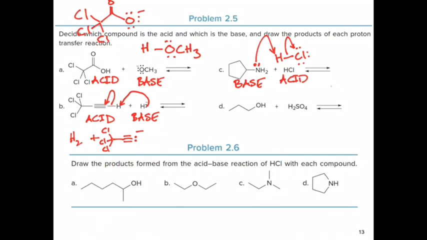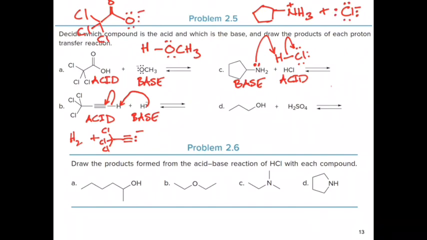All right, so what you have is this product right here. Now with 3 hydrogens. And then this nitrogen will bear a positive charge. And then we have this chloride ion as one of the products.